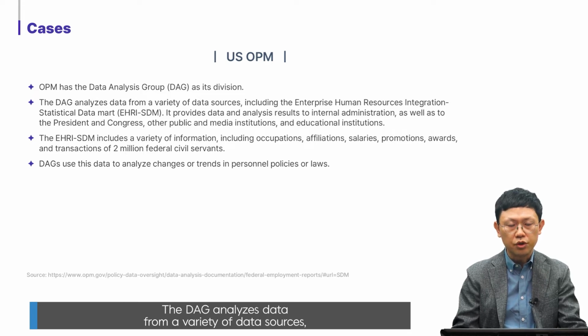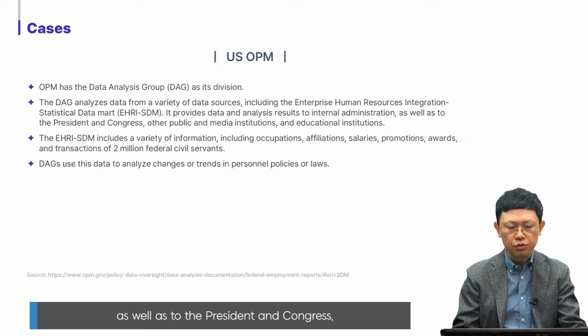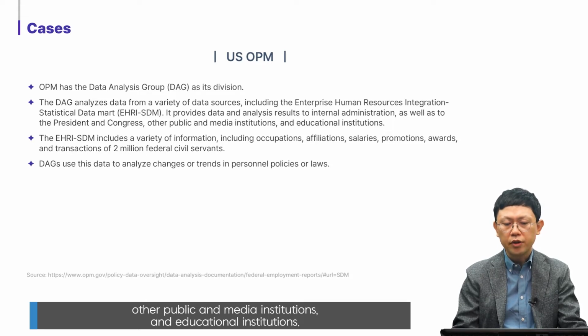The DAG analyzes data from a variety of data sources, including the Enterprise Human Resources Integration Statistical Data Mart, EHRI-SDM. It provides data and analysis results to internal administration, as well as to the President and Congress, other public and media institutions and educational institutions.